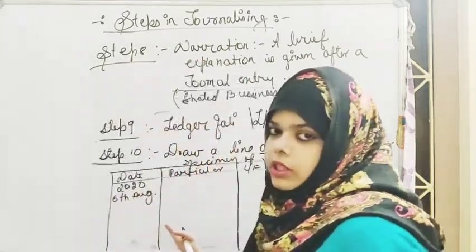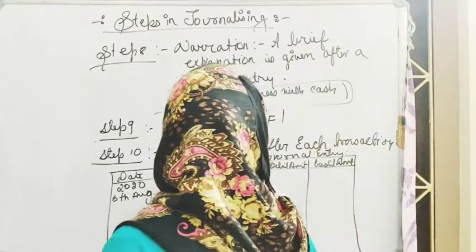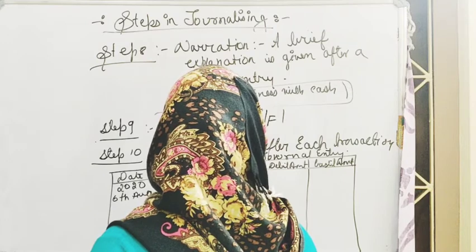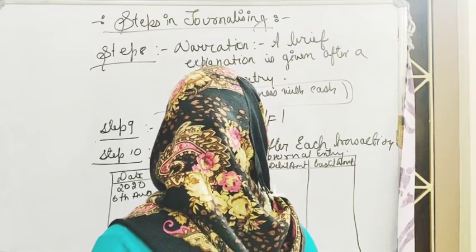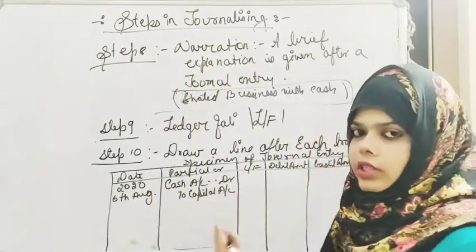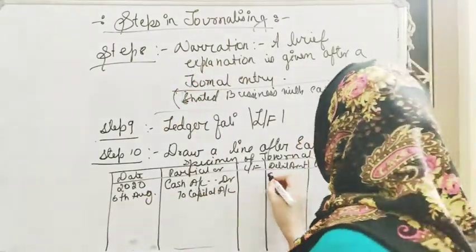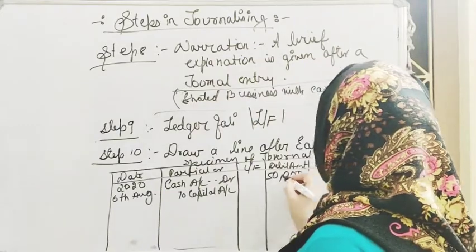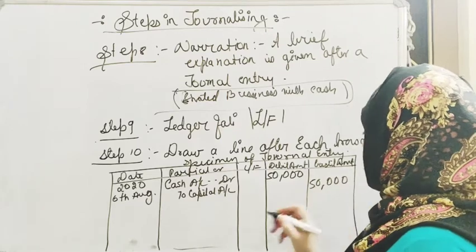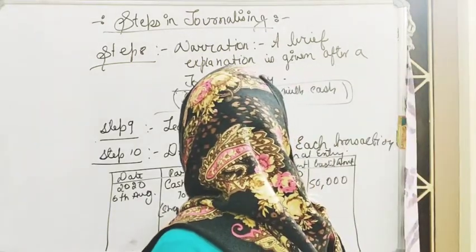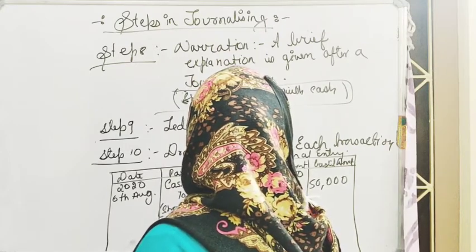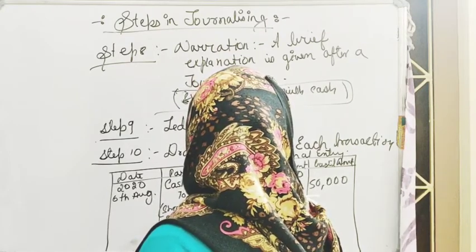Commenced a business with cash, so we'll write cash account debited to capital account. Ledger folio, if it is given, you'll write it. We'll write the amount 50,000 in the debit part and 50,000 in the credit part. And narration: started business with cash.